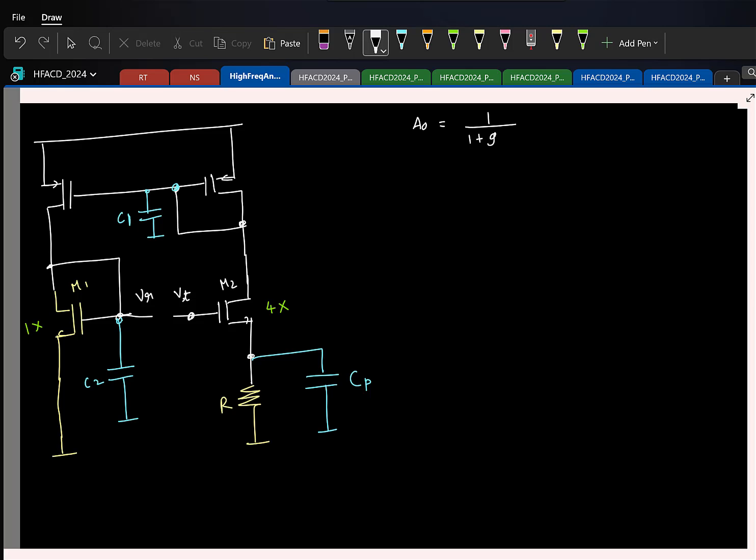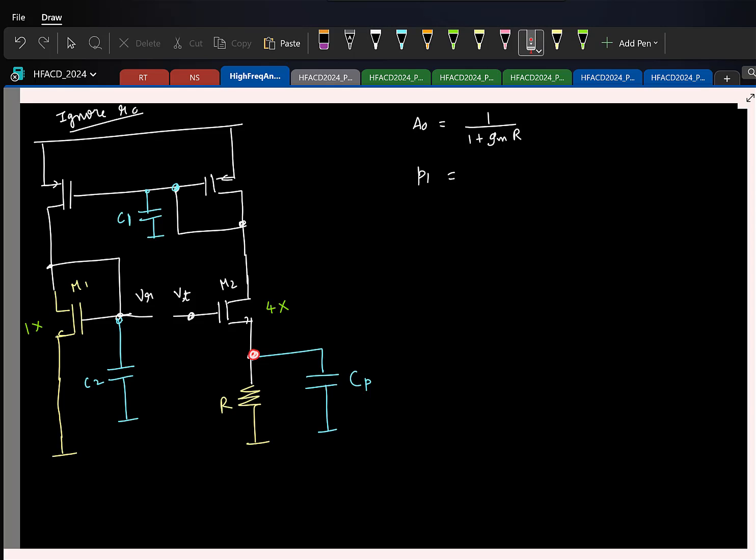We just saw it's Gm by 1 plus GmR. This is fine. How many poles do you think we'll have here? 3 poles. All 3 capacitors, you can set their voltages independently. No worries. And let's ignore R0 for every transistor. That makes life simpler. So what do you think is the pole contributed by this guy, if I call it P1?